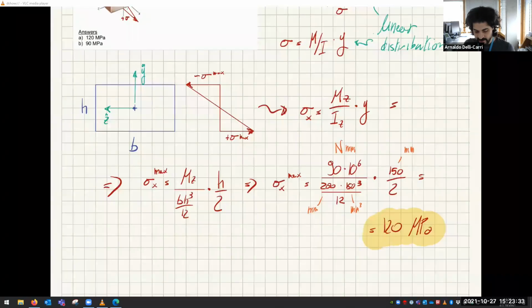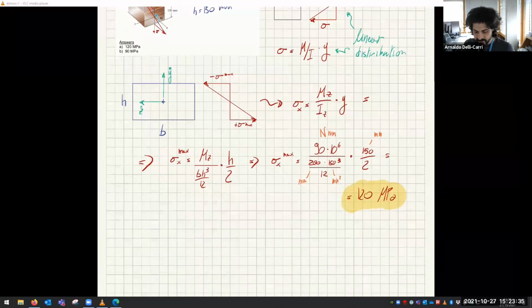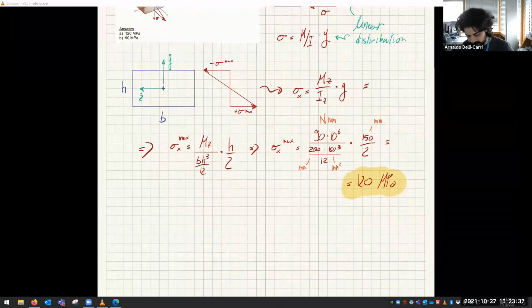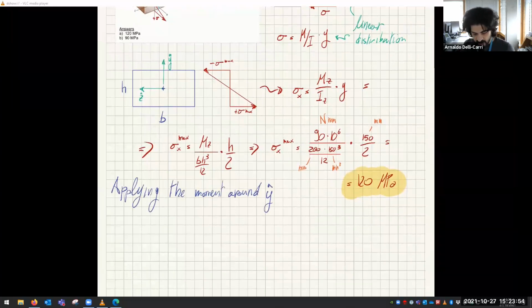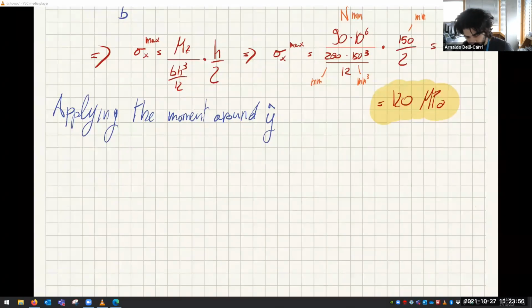Okay, so let's do the other one, the other direction. What happens if I change direction? So applying the moment around the y-axis, how does my formula change? Well, sigma is still around x.